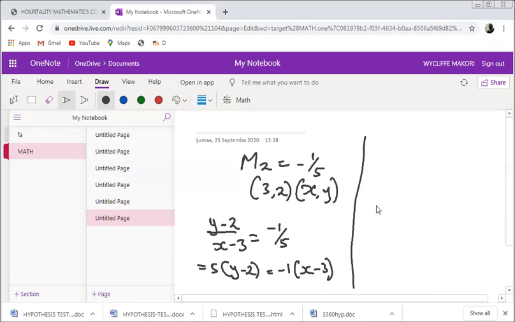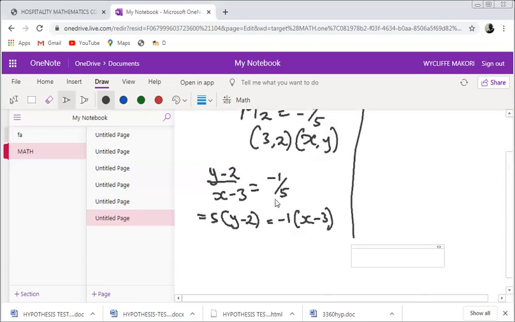What will follow? Then it will be like this. 5 times y is actually 5y minus 10 is equal to negative 1 times x, which is negative x. Negative 1 times negative 3 is actually positive 3. Therefore, 5y, I'm just taking 10 to the other side, is equal to negative x plus 3.